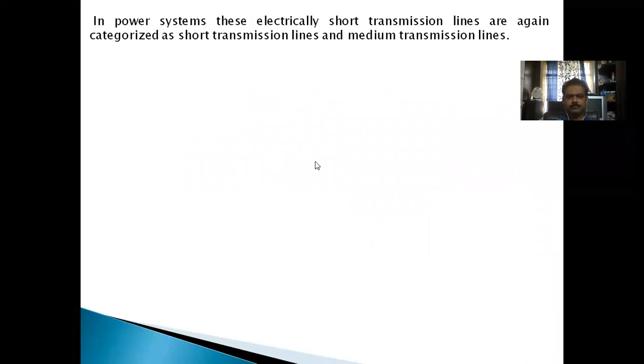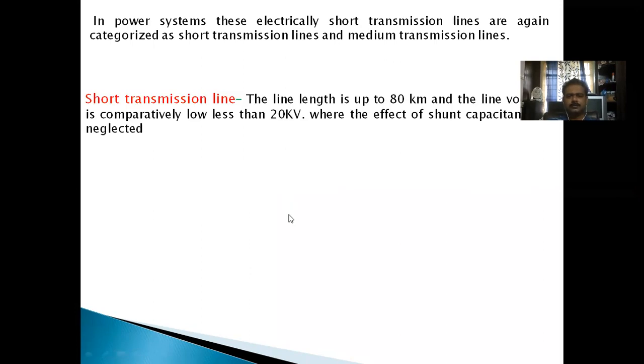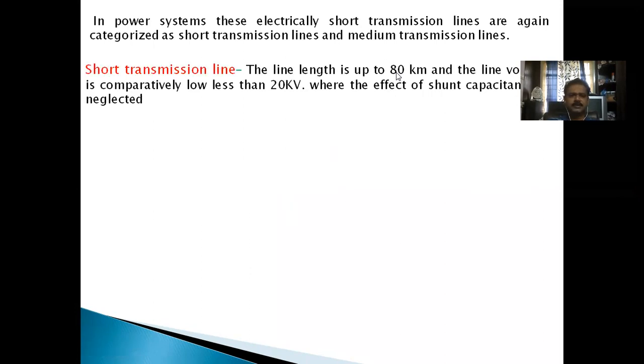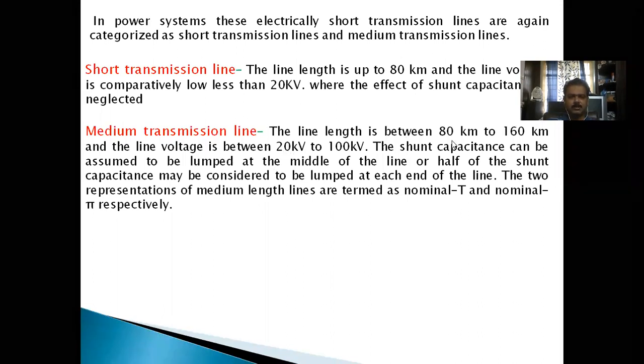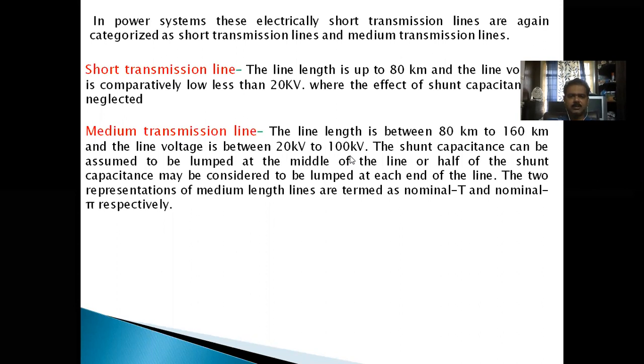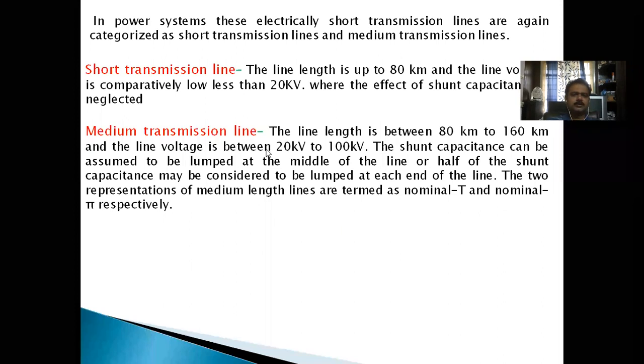Now, this is the classification for the short transmission line: 80 kilometers, and voltage up to 20 kV. If it is less than 20 kV, that is termed as short. In case of medium, that is 80 to 160 kilometers, and the voltage level is between 20 to 100 kV. In a short transmission line, we neglect the shunt capacitance. Shunt capacitance depends upon the length of the conductor and also the operating voltage.